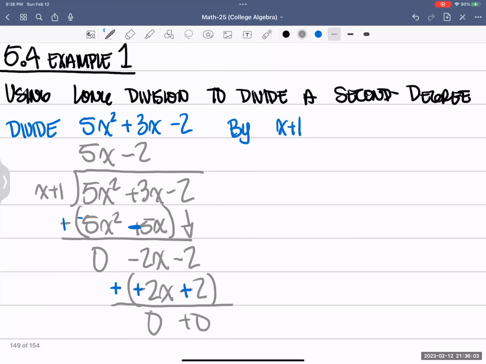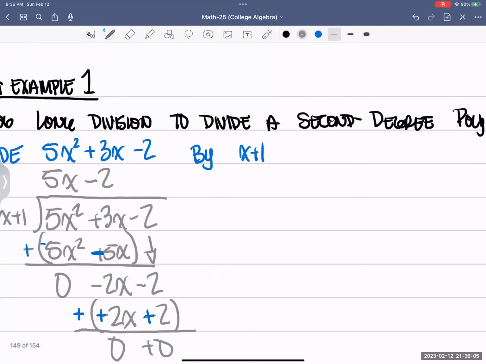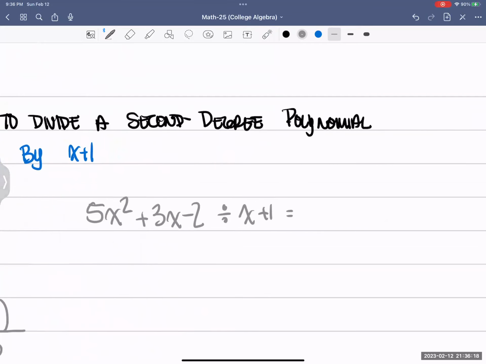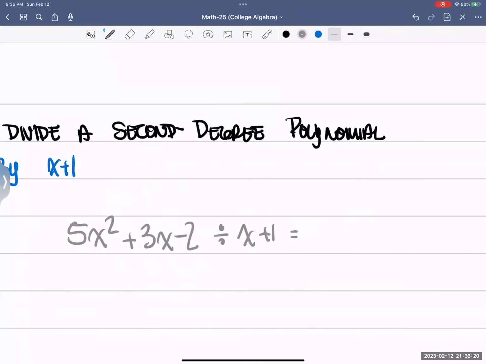So here, we could write it one of two ways. 5x squared plus 3x minus 2 divided by x plus 1 is equal to 5x minus 2.